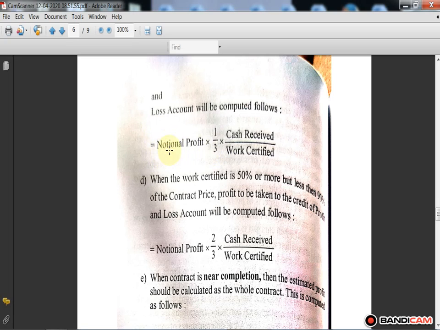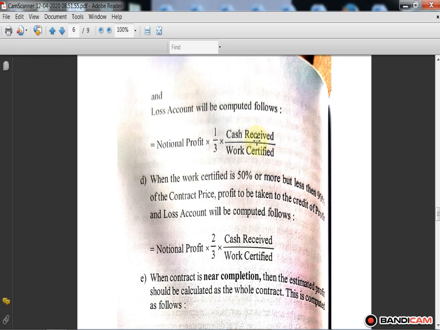The formula is notional profit into one third into cash received divided by work certified. We get a notional profit of work certified between 25% to 50%.